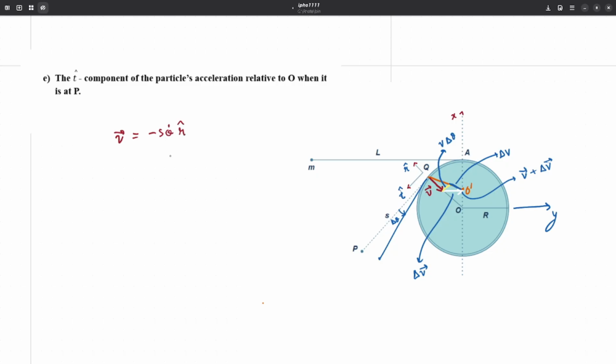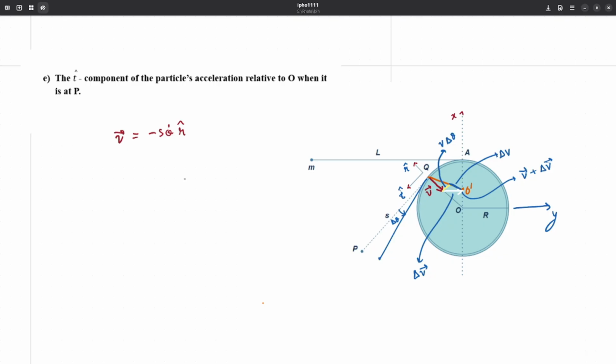We are asked to find the component of acceleration relative to O of the particle along t cap. Now to find this, we must be in the Q reference frame. In this frame, O seems to move vertically upwards as the particle swings towards the surface of the cylinder. You can see the markings on the diagram showing V, which is along minus r cap, and delta V, which is towards the y-axis, where delta V is an increment in the particle's velocity.